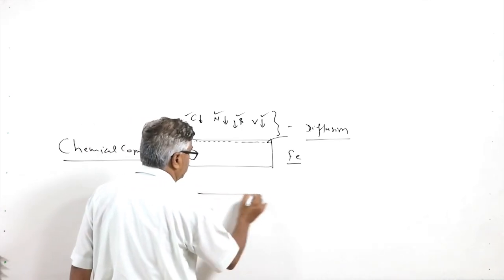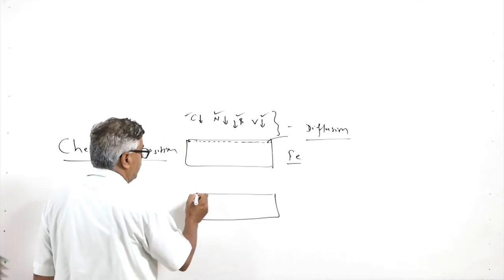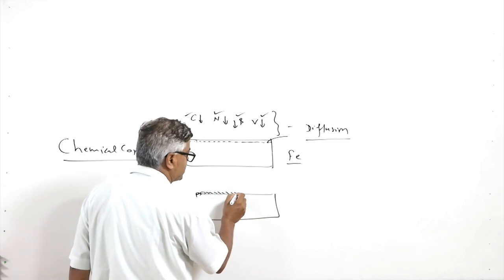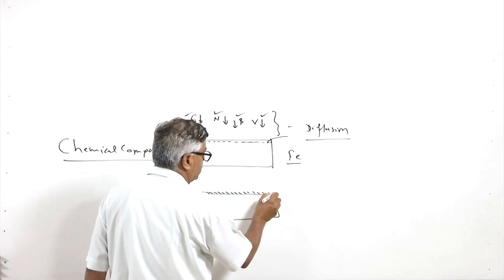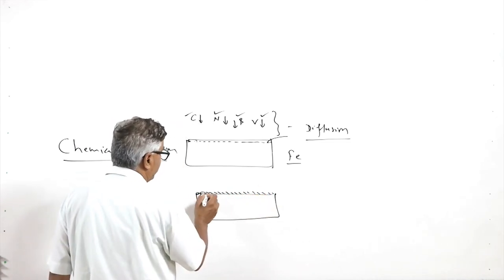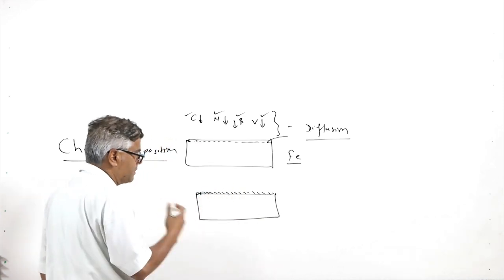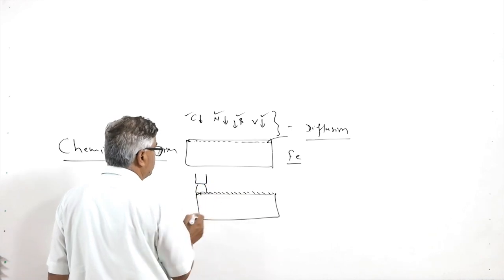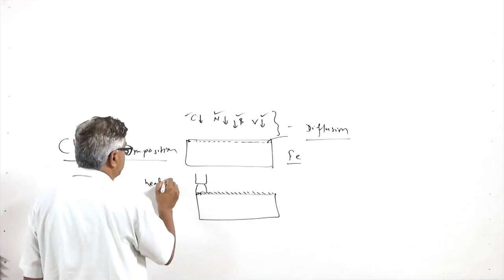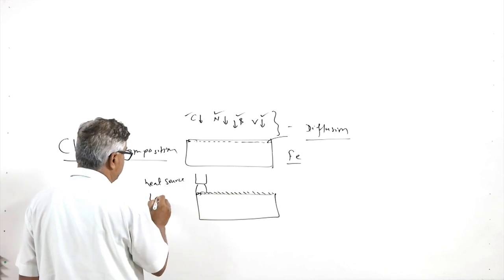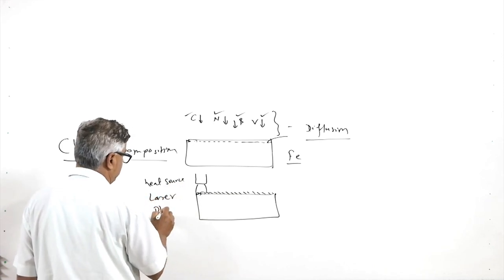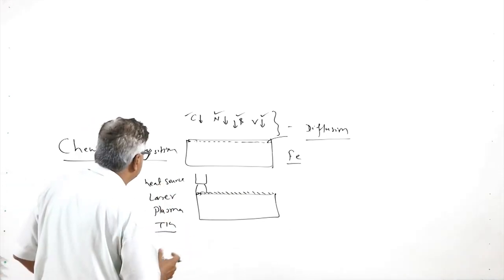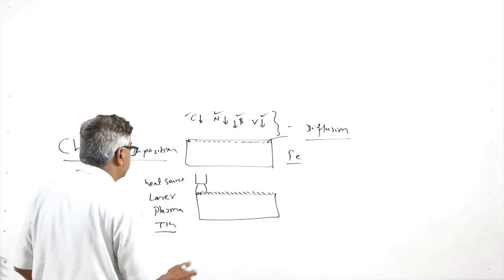There is another set of processes wherein we put a suitable material at the surface, which is called pre-placing, and then this material is melted with the substrate material using a suitable heat source. The heat source may be a laser beam, plasma, or TIG arc. Accordingly we say laser alloying, plasma alloying, or TIG alloying.